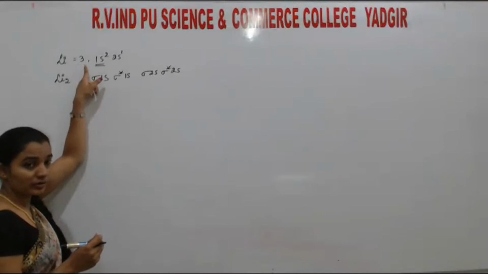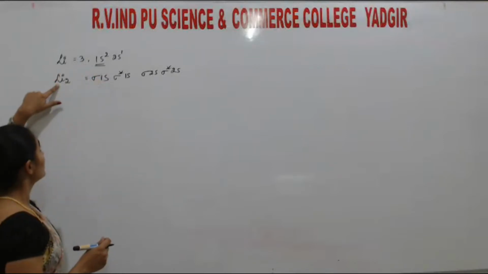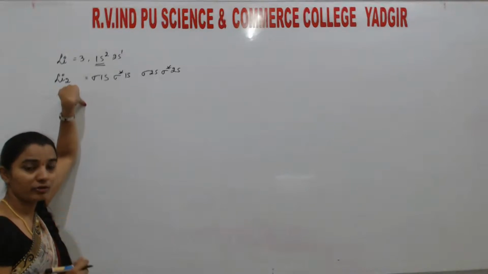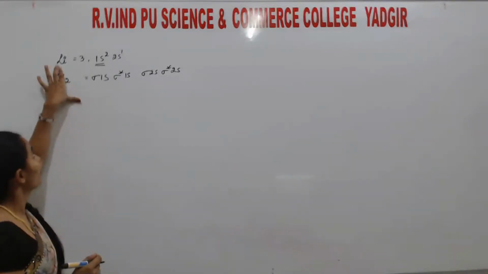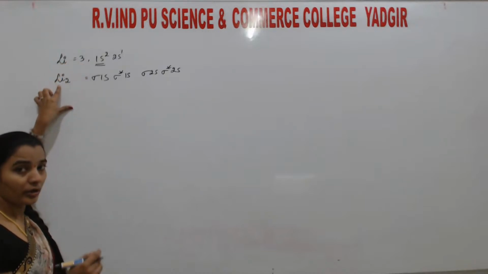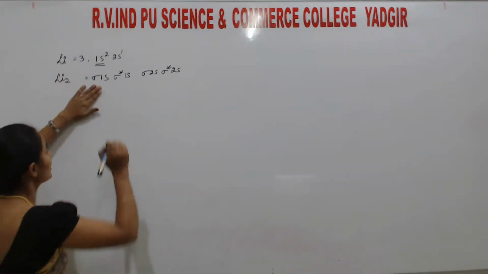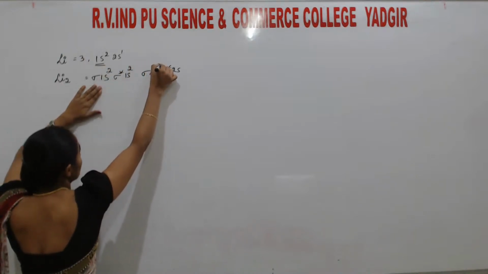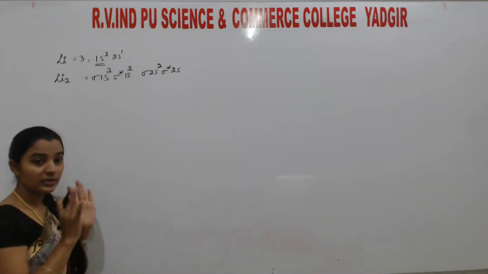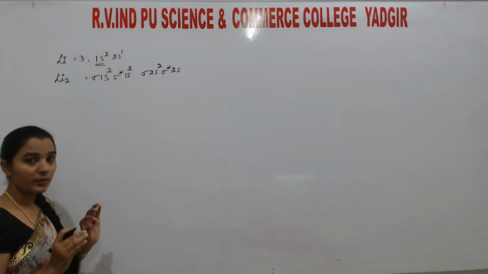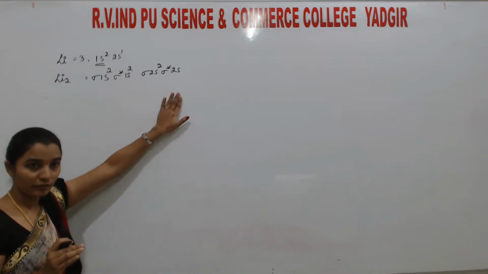For the Li2 molecule, there are 6 electrons: 3 for one lithium and 3 for the other. Then write 1, 2, 4, 6. This is the configuration, written without the molecular orbital diagram.